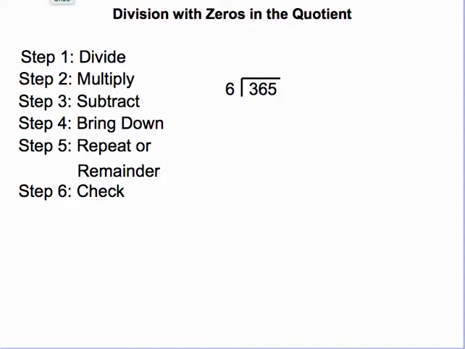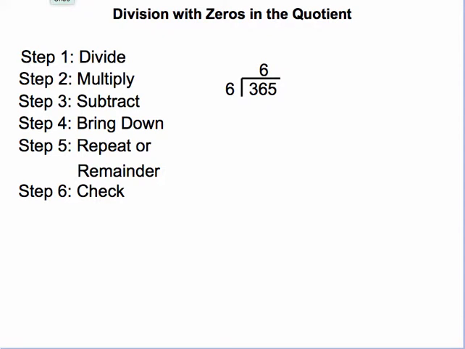Here's our first problem. 365 divided by 6. Well, I know that I cannot divide 3 by 6. So I have to look at both the 3 and the 6, the 36. Well, let me think. I know that 6 times 6 is 36.